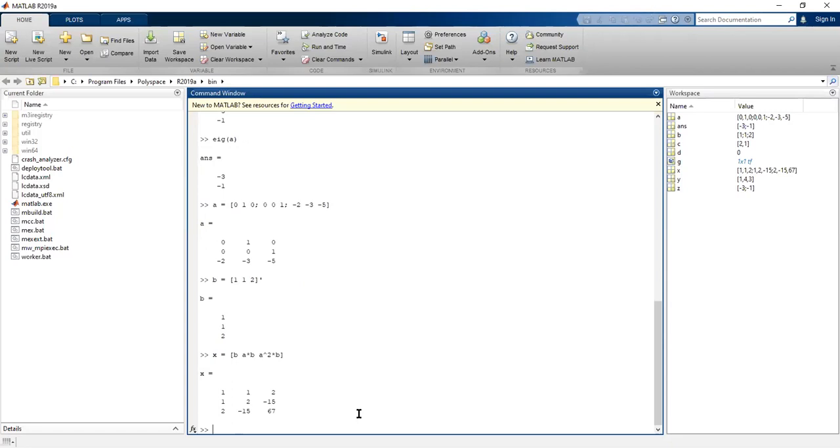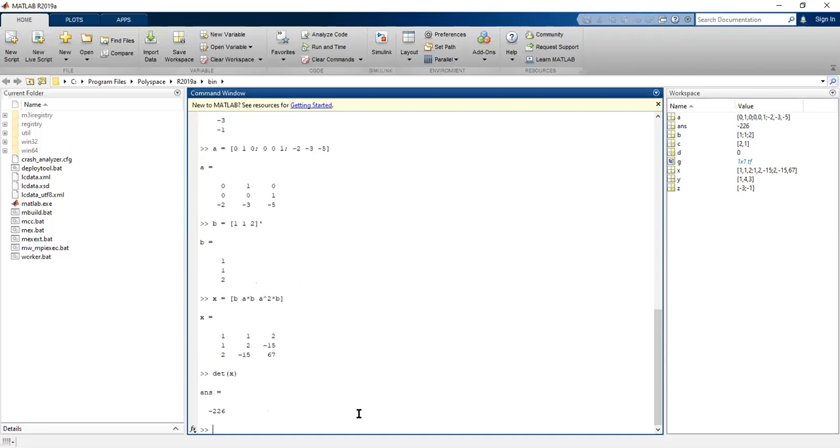And then find the determinant, det X. It is -26. So that's not 0. So it is controllable.